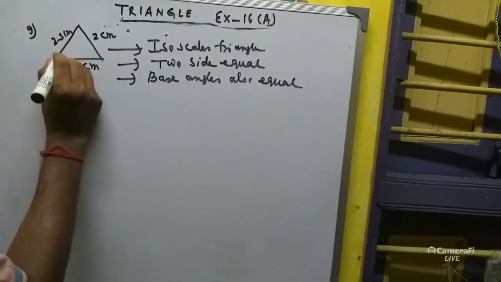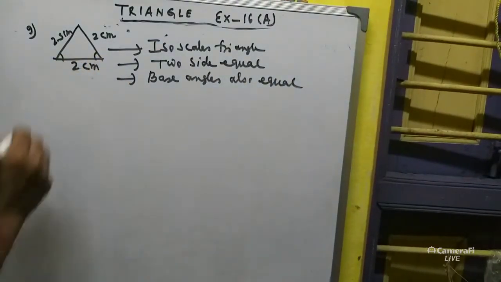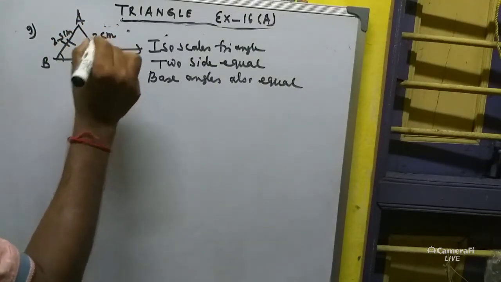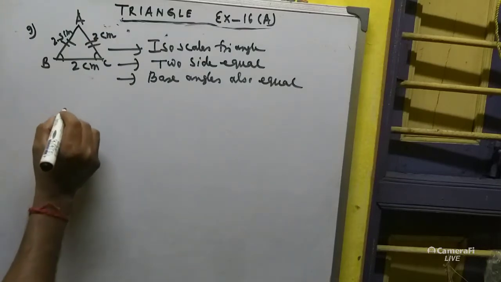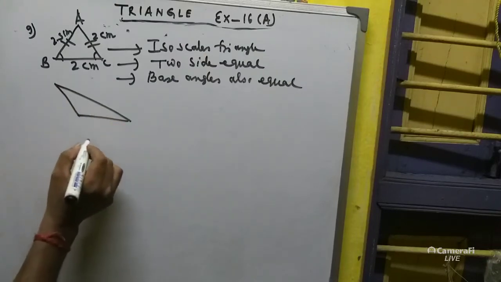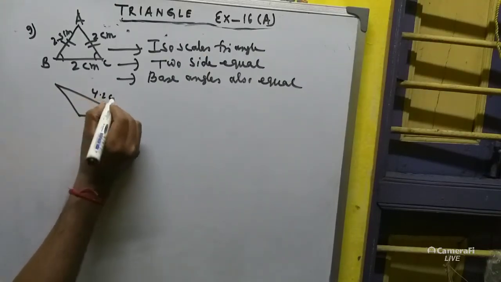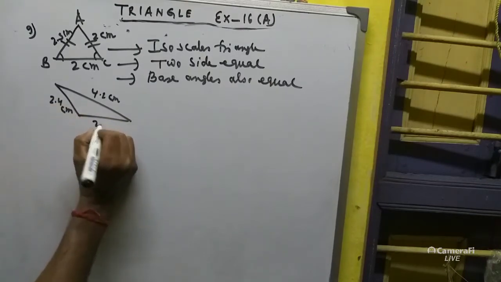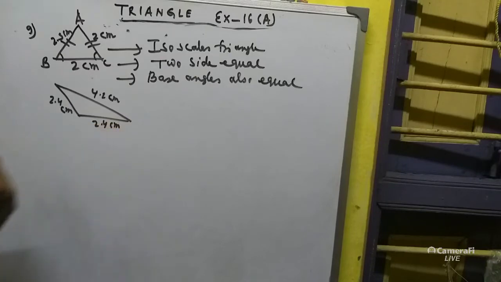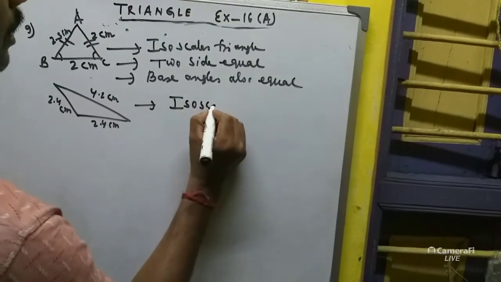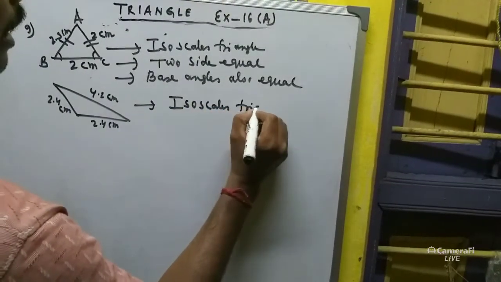Here this one is the base, so these two angles B and C are equal, and this side is equal to this side. Next one, 4.2 centimeter, this one 2.4 centimeter, this one 2.4 centimeter. So it is an isosceles triangle, same as before.